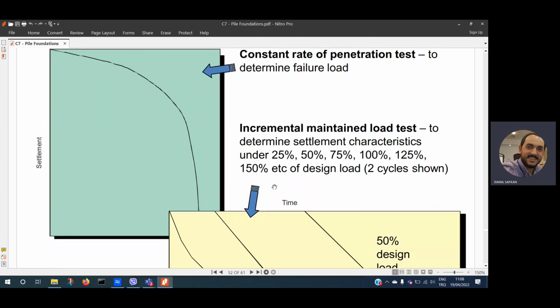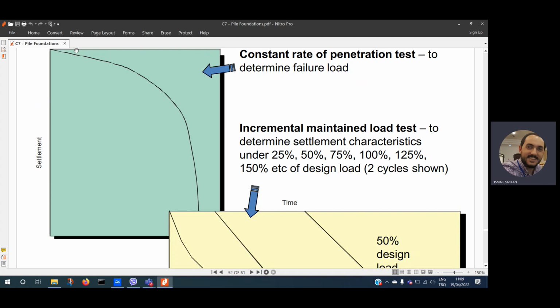It is important for us to see how the load-deformation behavior proceeds. What do you understand from this graph? First you have good stiffness, right? This is the settlement, and this is the loading on the x-axis.